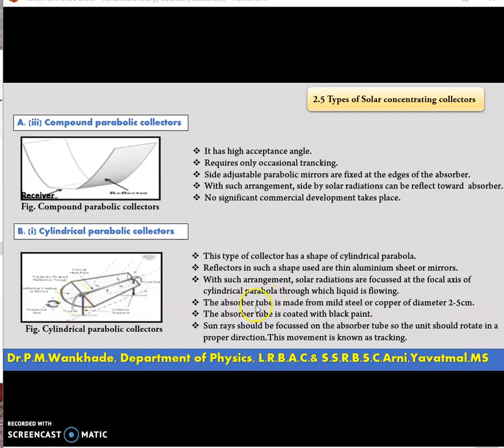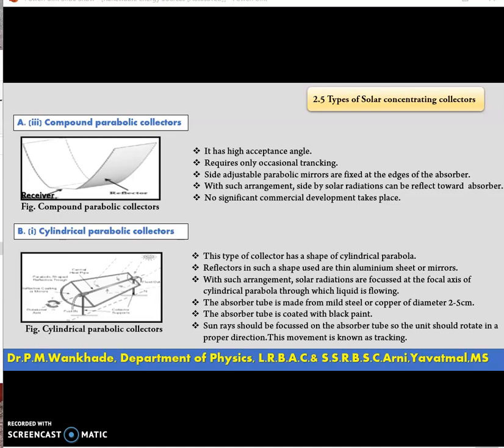The absorber tube is made from mild steel or copper of diameter 2 to 5 centimeters. The absorber tube is coated with black paint to absorb the maximum amount of energy. Sun rays should be focused on the absorber tube, so the unit should rotate in a proper direction. This movement is known as tracking.